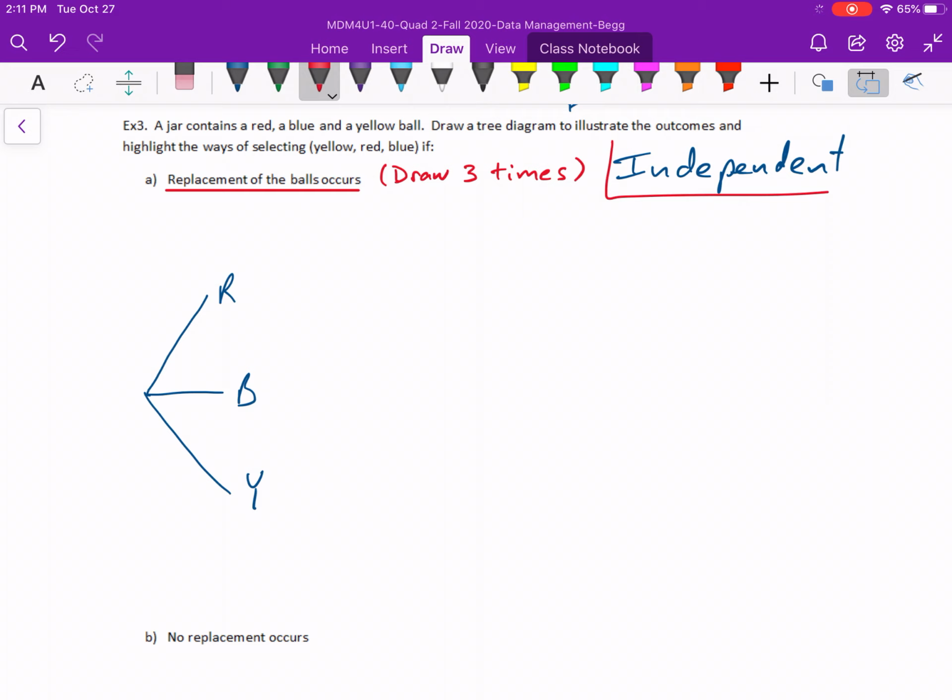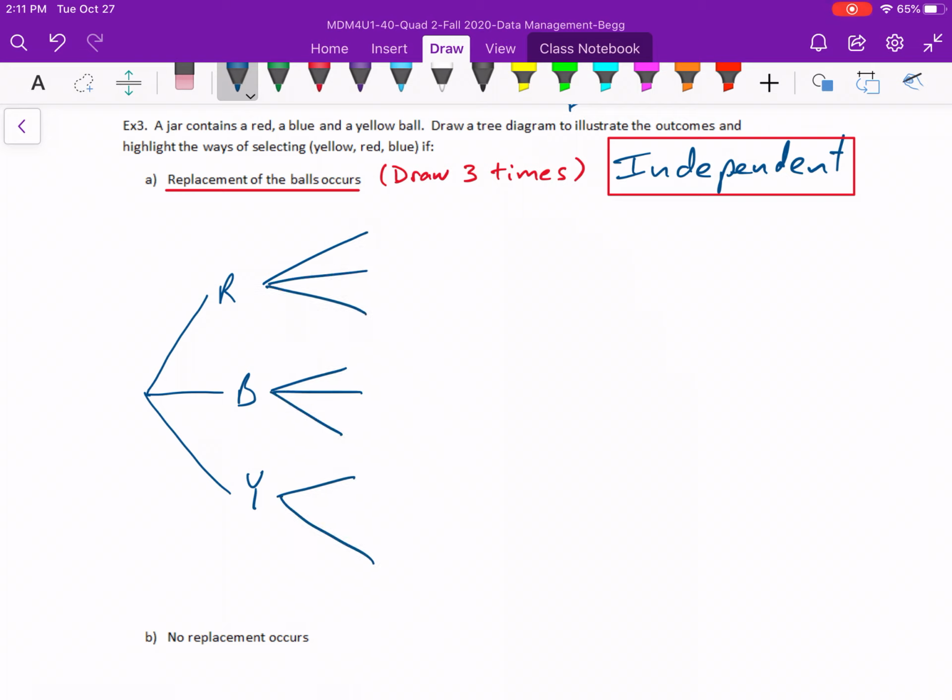Again, highly important to be able to recognize independent events. So it doesn't matter if I draw a red, a blue, or yellow on the first one, because I'm putting that ball back in and drawing again. I can get red again. I could have got red the first time and red the second time. I could get blue, yellow, and it doesn't matter. I'll get the exact same 3 choices on the second draw.